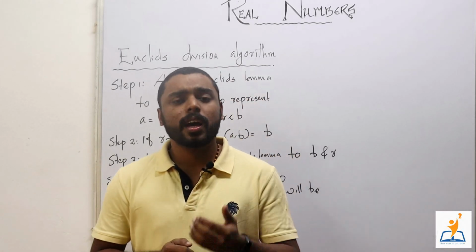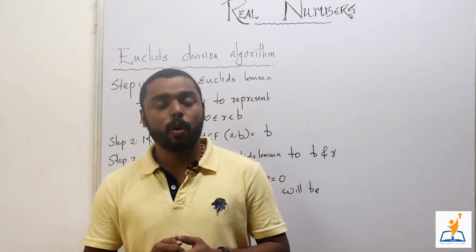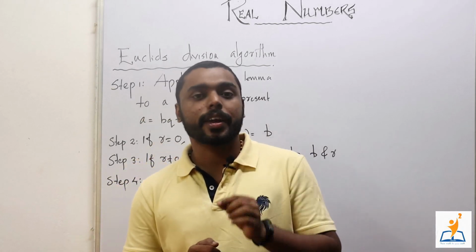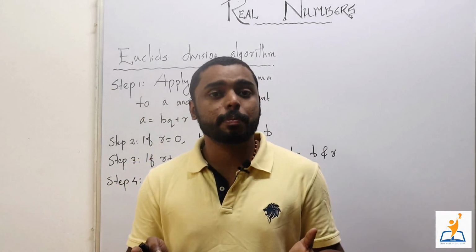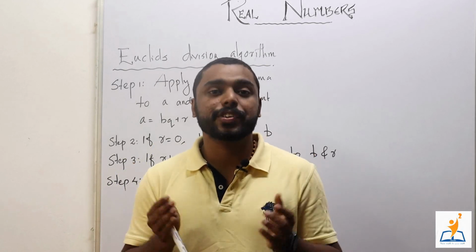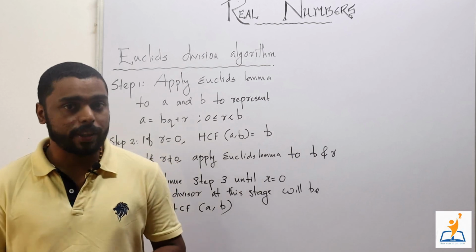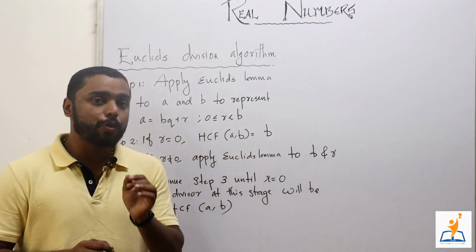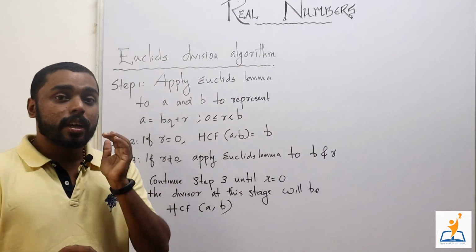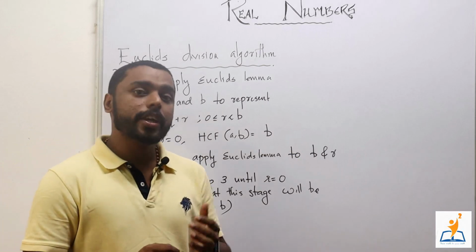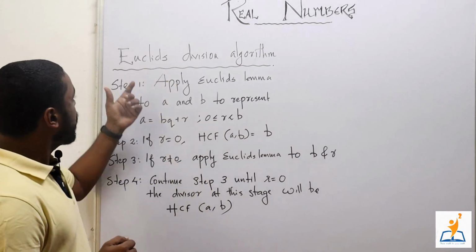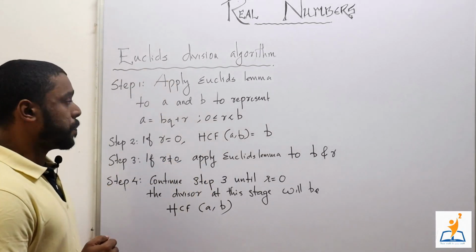Now, my question is how we are able to do this, or how we can find the highest common factor. The answer is simple. We can use Euclid's division algorithm. Let me explain how. Euclid's division algorithm is an algorithm used to find the highest common factor of any two integers. I have listed several steps here.